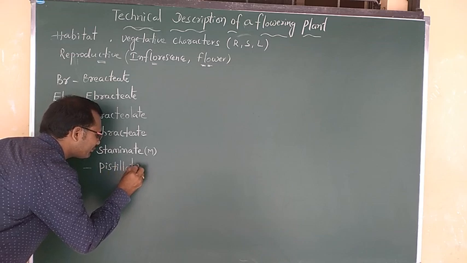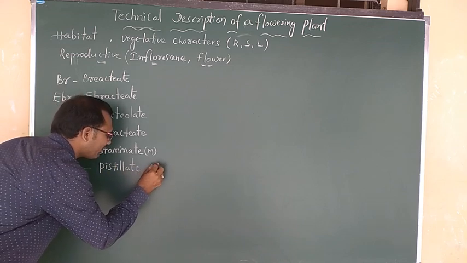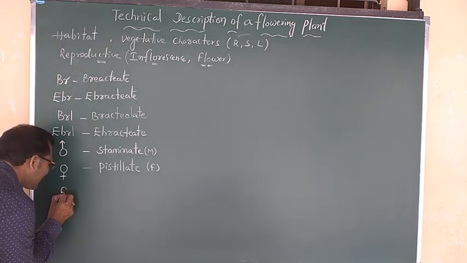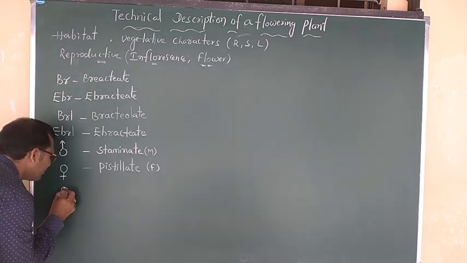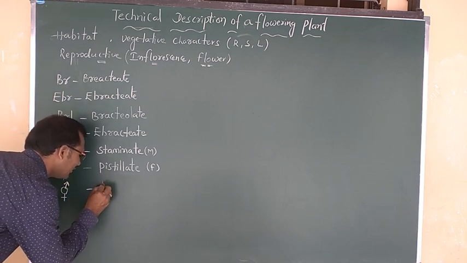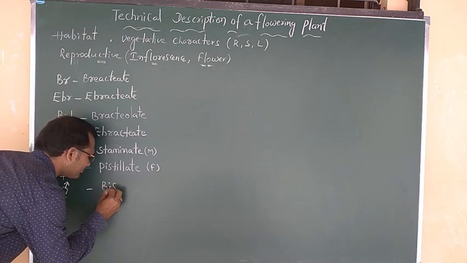A unisexual flower consisting of only stamens has this symbol: staminate, male flower. This symbol indicates pistillate, female flower. Next, in case both are present, like that, both. What do you call this flower? This is called a bisexual flower.